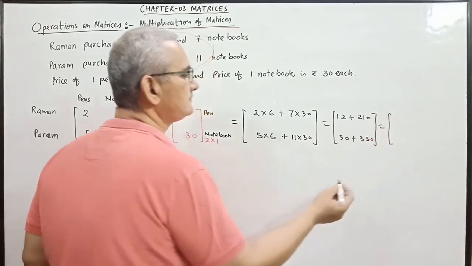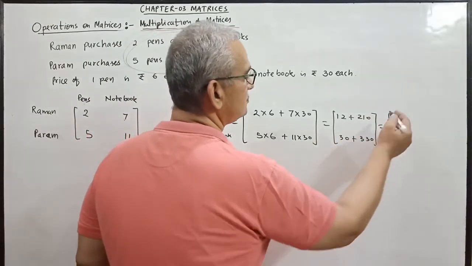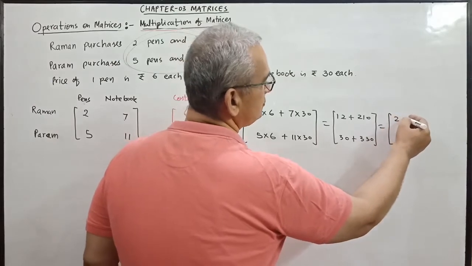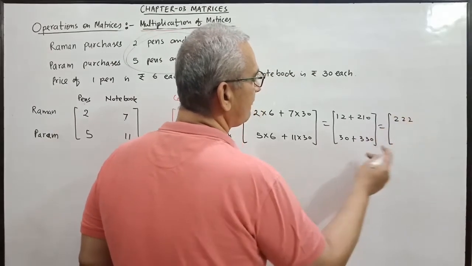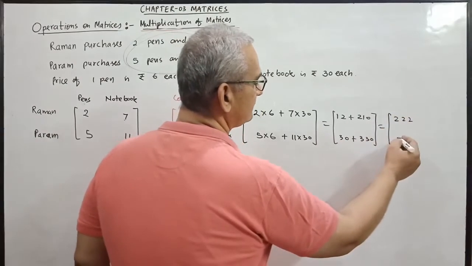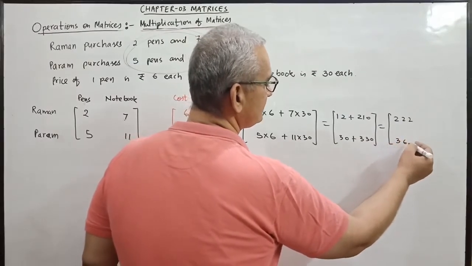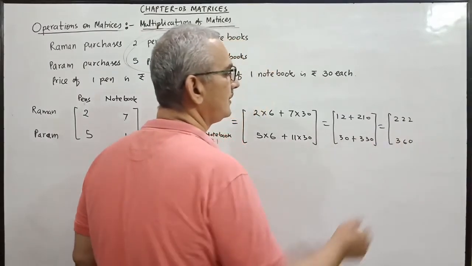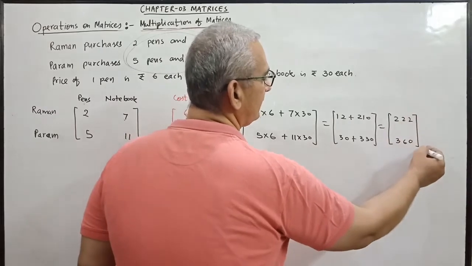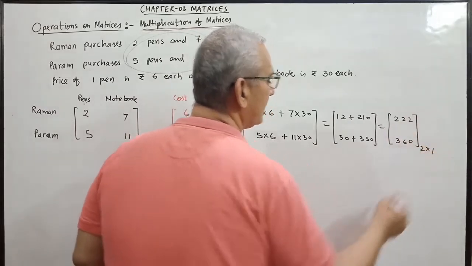So here we have 12 plus 210 will become 222. And this will become 360. And the order of this matrix is 2 by 1.